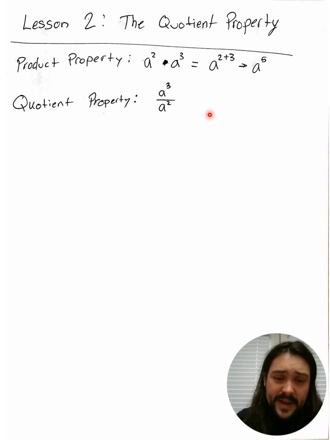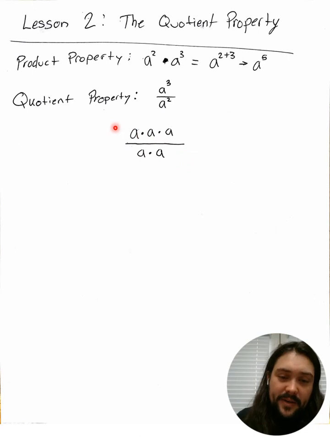So here we have a situation where we have a cubed, a to the 3, divided by a squared. If I write that out in the long form, I'd get a times a times a here in the numerator, divided by a times a in the denominator.